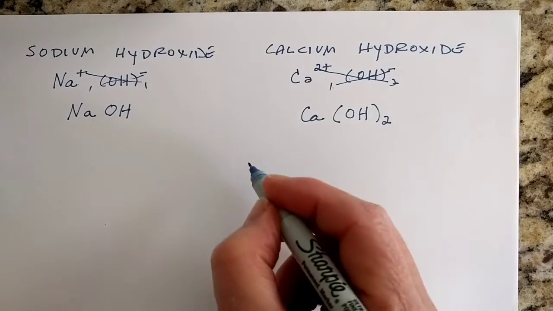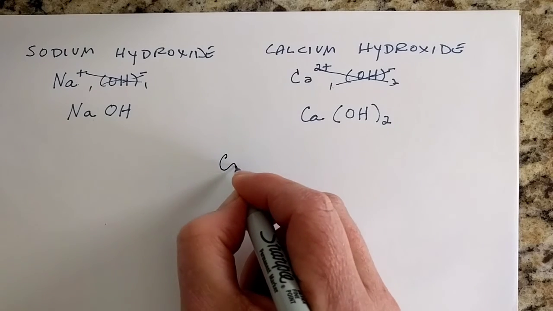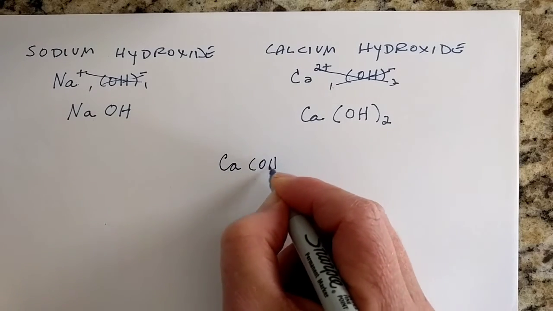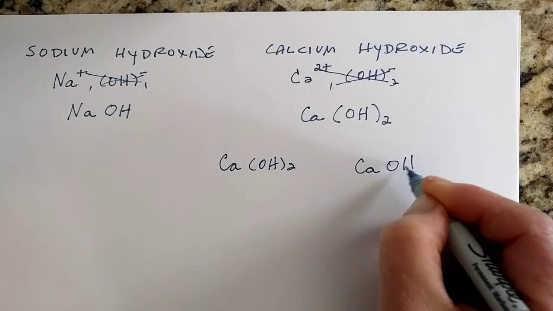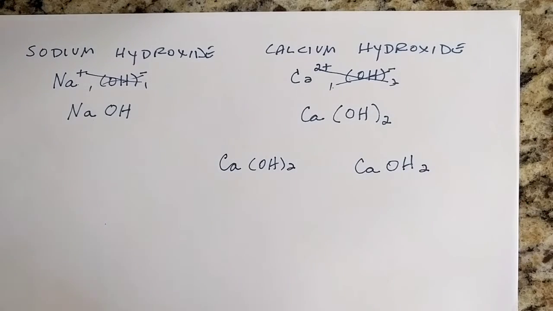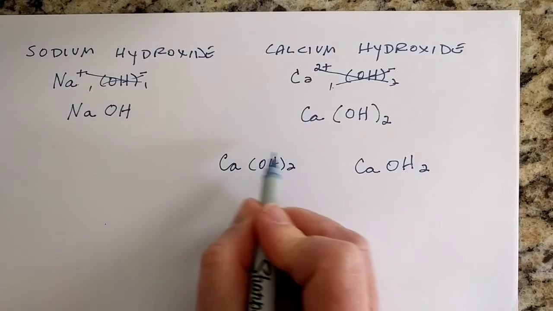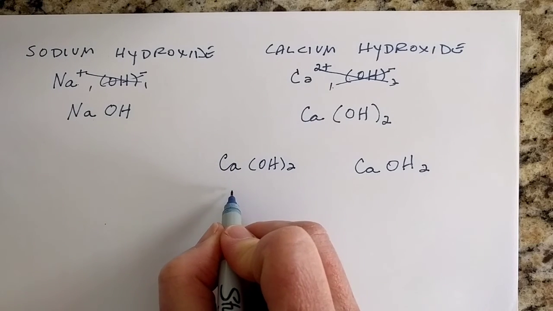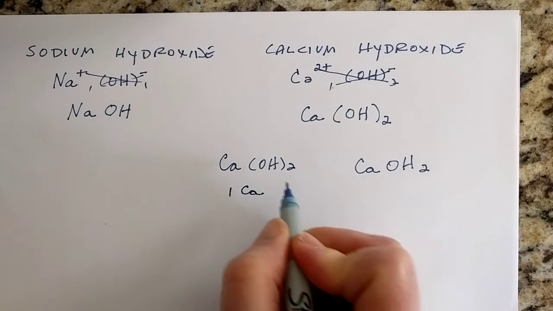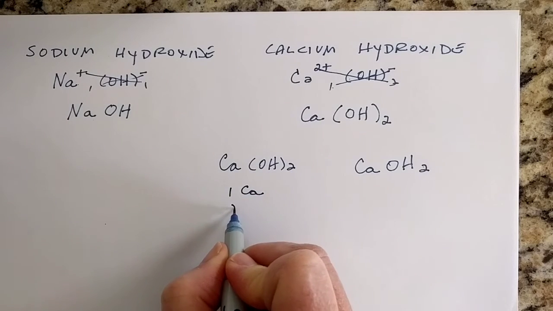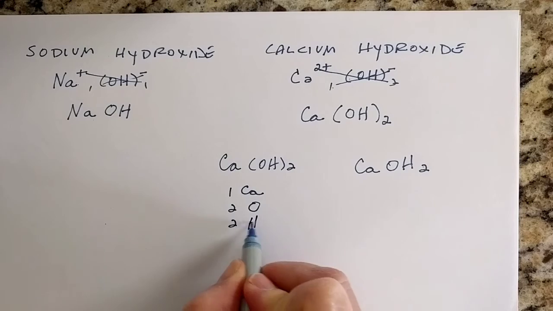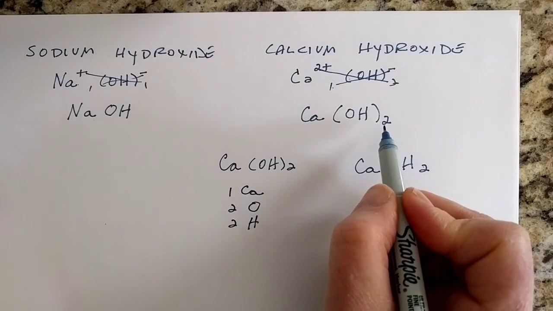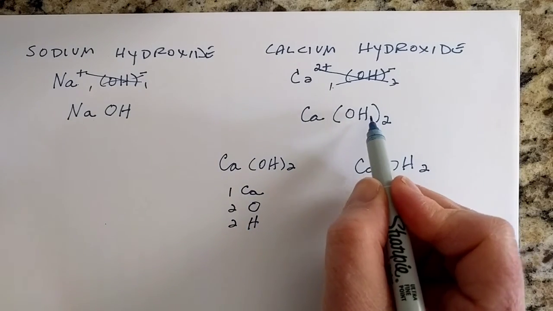And this is why. Okay, so if we write it as Ca(OH)2, that's proper. If you write it as CaOH2, that isn't. When we write it like this, it shows that we have 1 calcium, 2 oxygens, and 2 hydrogens, which is what we do have. We have 2 oxygens and 2 hydrogens.